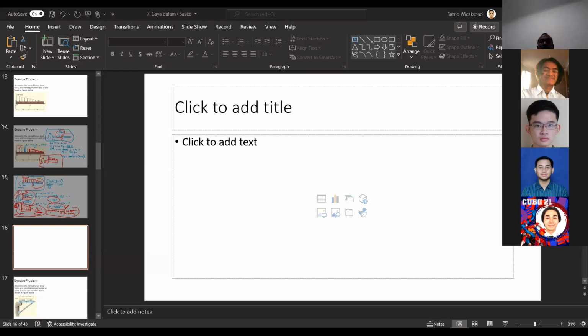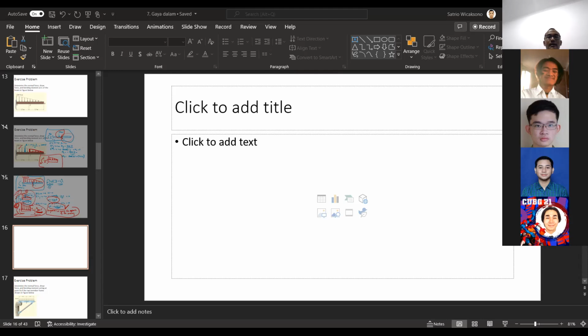Ya, ini mencari gaya dalam pada satu titik. Yang nomor satu lebih ke arah mencari gaya-gaya reaksi akibat gaya distribusi. Lalu untuk nomor 2 diminta untuk mencari gaya dalam yang terjadi pada titik L/4 dari support yang kiri.